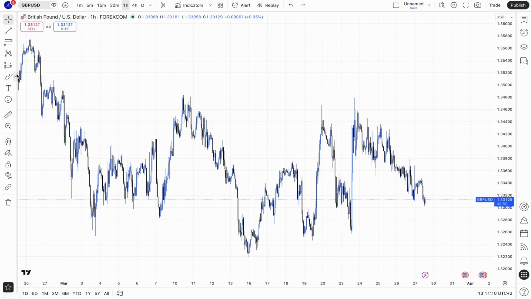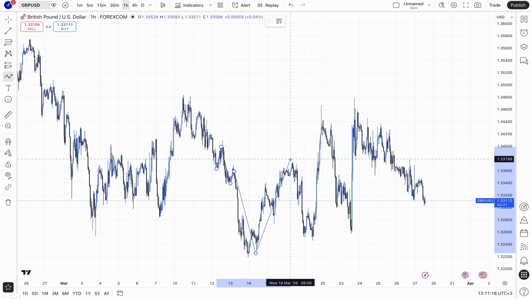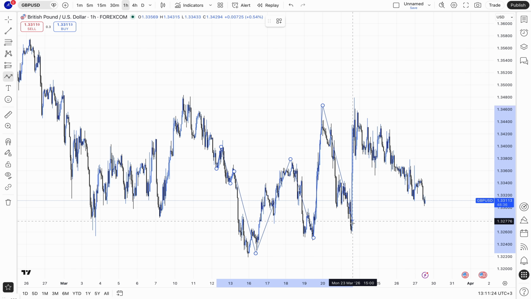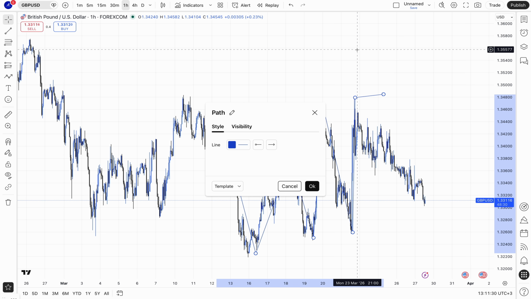If you look here closely, you can understand that we had our break of structure to the downside, the break of structure to the downside, then a shift to the upside, then a continuation to the downside, then a shift to the upside. But this time around, we didn't have the break of structure to the upside continuation. It was just a liquidation.